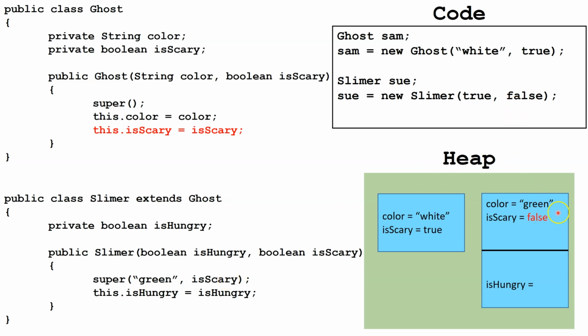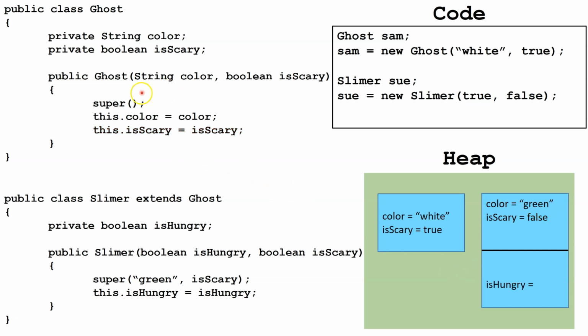So both those values end up in the object on the heap. We notice we have a line separating the two portions of the object on the heap. This portion has the instance variables for the superclass Ghost. This portion has the instance variable for the subclass Slimer.